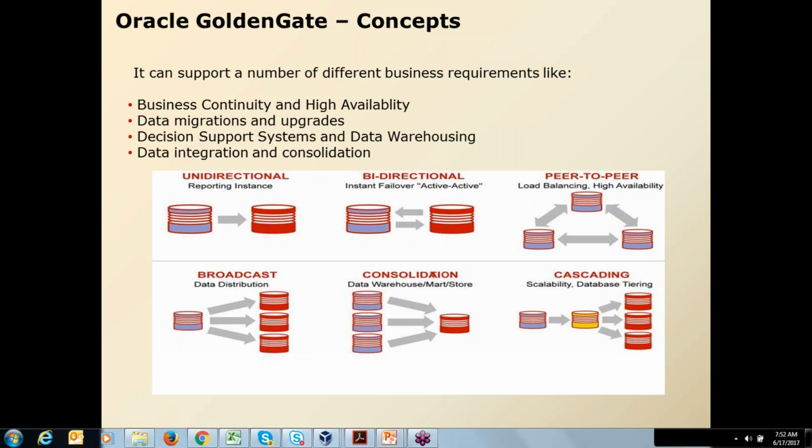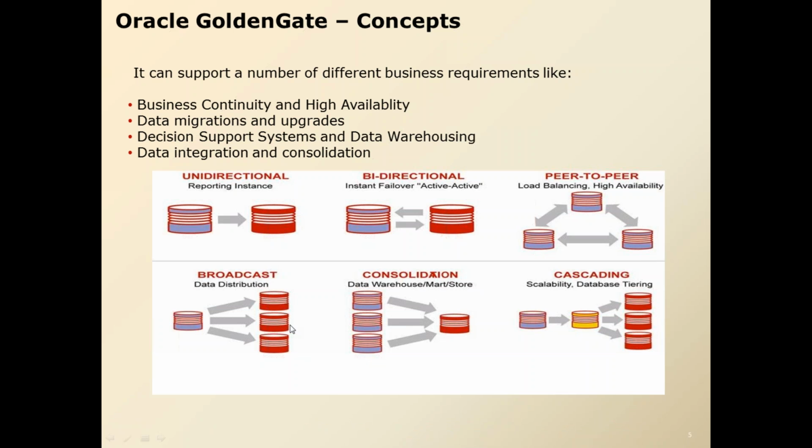Data integration and consolidation is also supported. As we discussed, you can integrate the data, consolidate the data as per a requirement, and broadcast the data. These are the configurations which you could do with Oracle Goldengate. That is unidirectional, that is a reporting instance. So with Goldengate, you can perform replication unidirectionally and use the secondary server as a reporting instance.